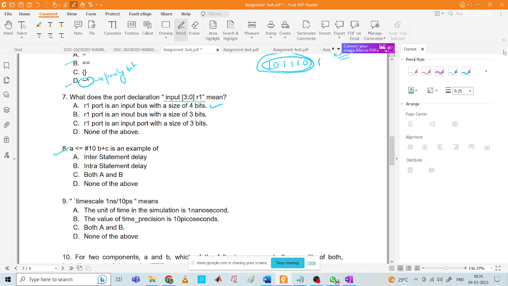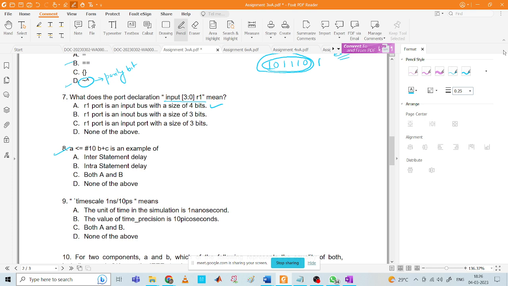Okay. And what is the meaning of this, if someone can tell me? Explain what is the difference between inter-statement and intra-statement. Can you explain, sir, intra-statement?